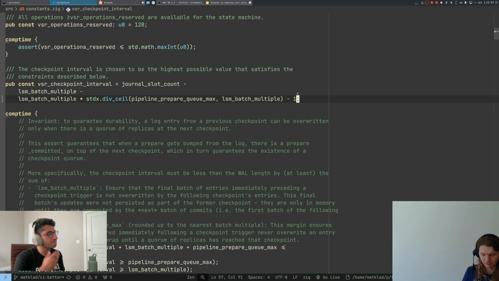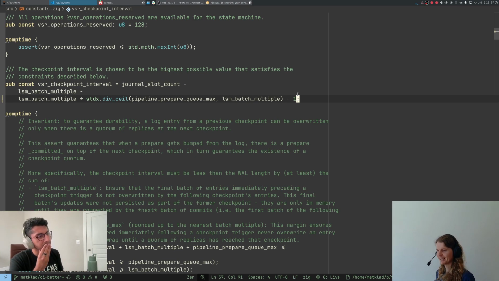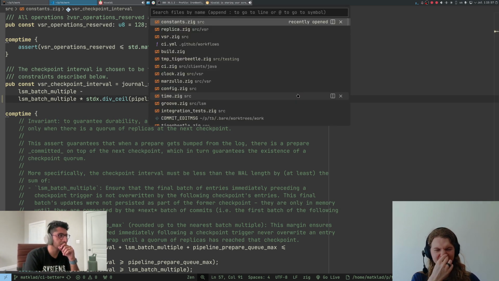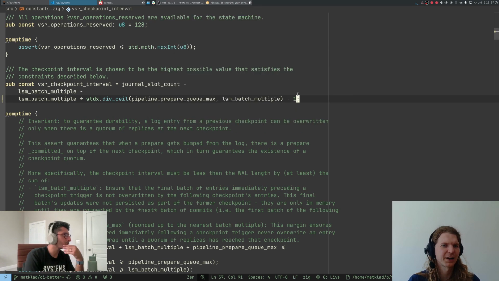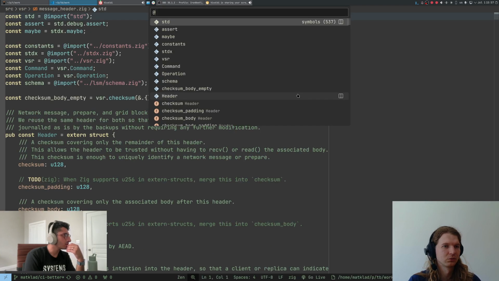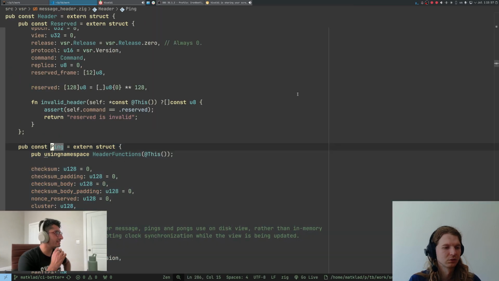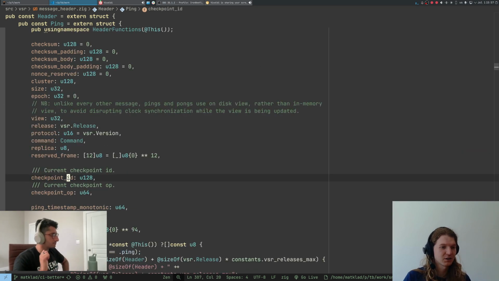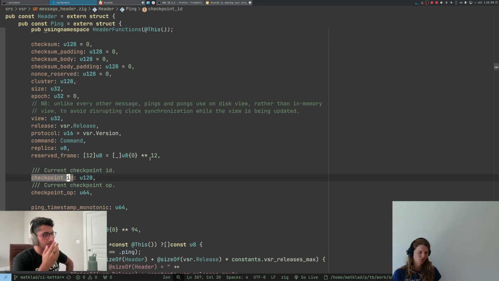We could make replicas directly track who is on which checkpoint. Conveniently, this is handled by our pings. Oh yeah, we send checkpoint IDs, that is what I remember. Yes, we send checkpoint IDs and we send checkpoint ops.